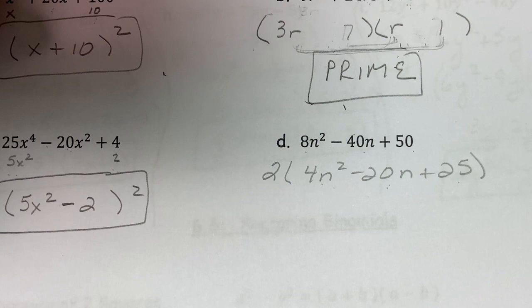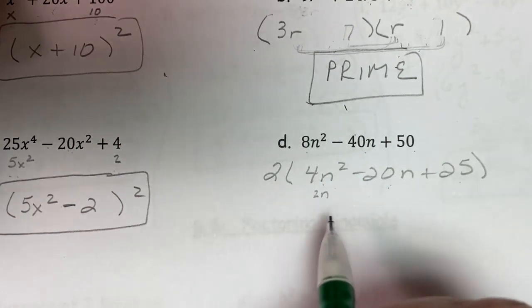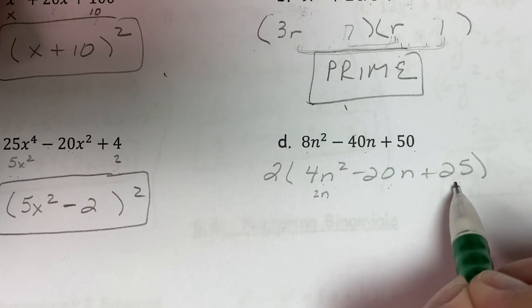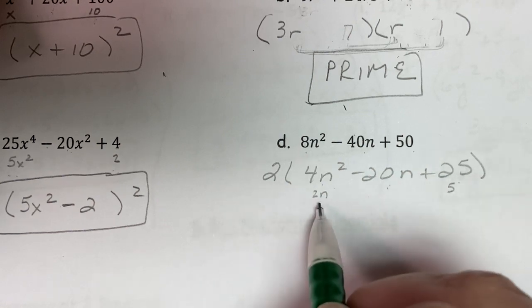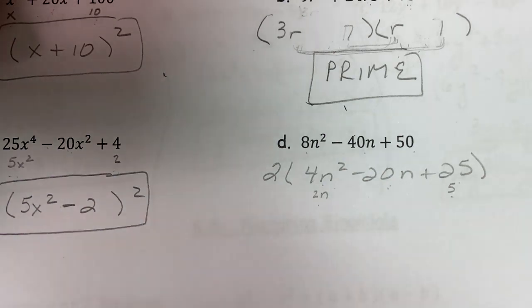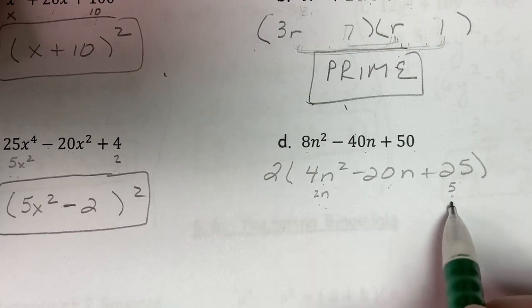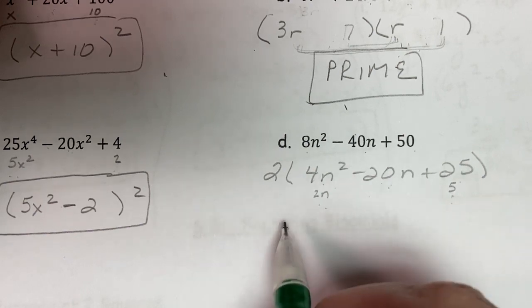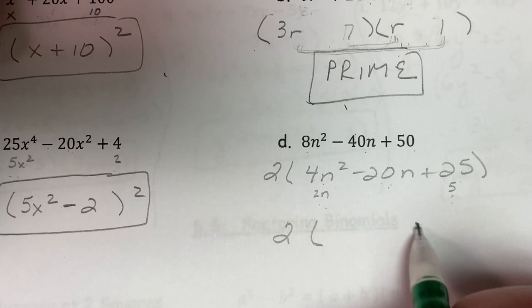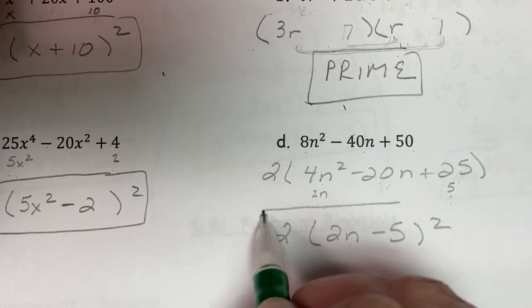But let's quick check, because it doesn't take but a second to see if it's a perfect square. I can take the square root of 4n squared, that's 2n. And I can take the square root of 25, that's 5. If I multiply 2n by 5 and double it, when you're doing this check, you ignore the middle sign. If I multiply these, I get 10n, double it, I do get 20n. So it is a perfect square, and it will factor into 2n minus 5 quantity squared.